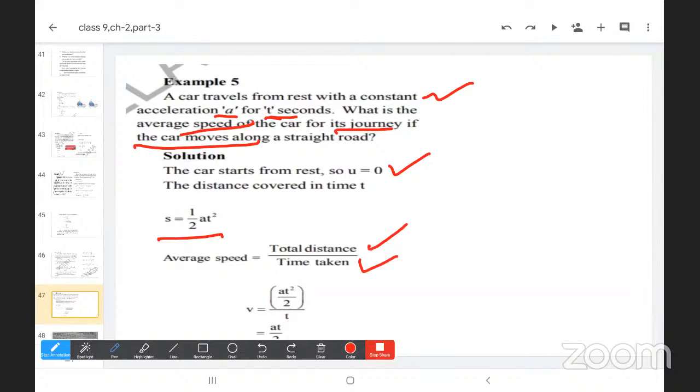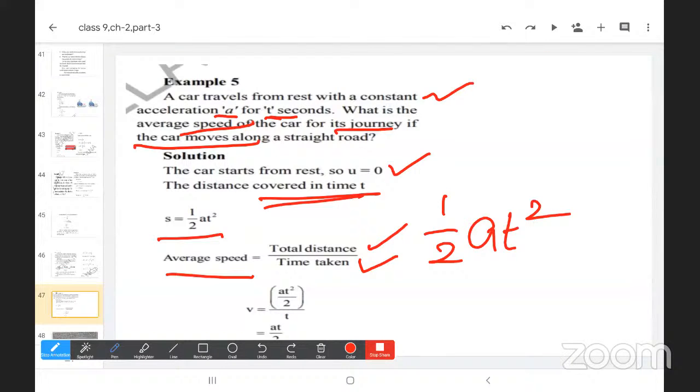The total distance is AT square by 2, so the average speed V equals AT square by 2 by t.